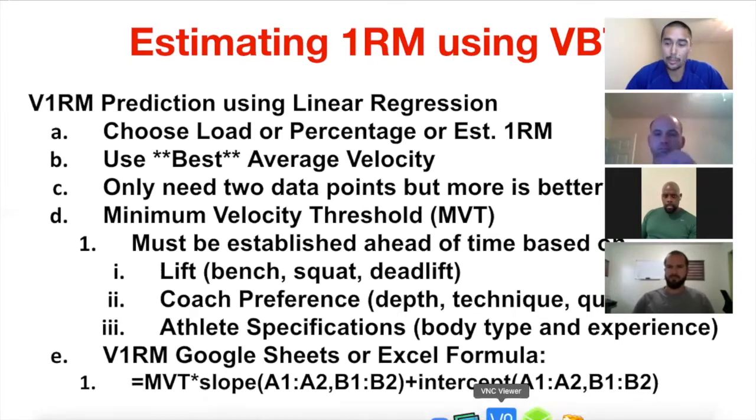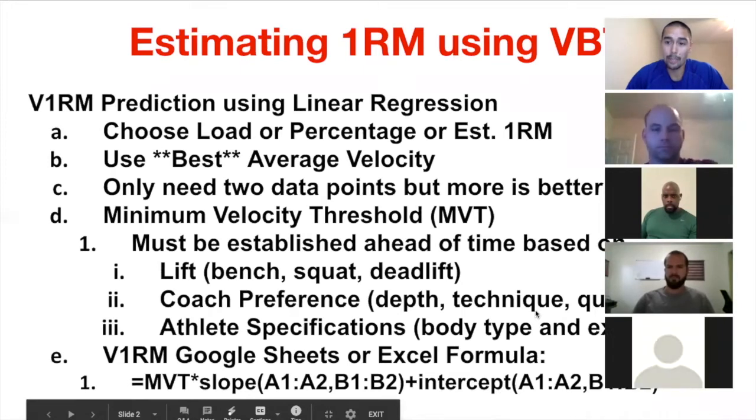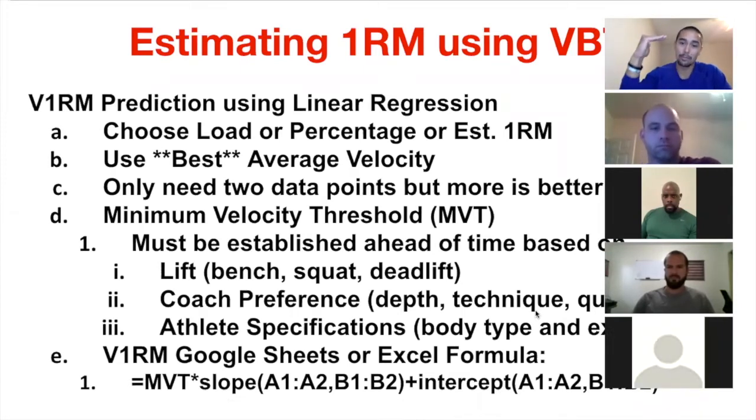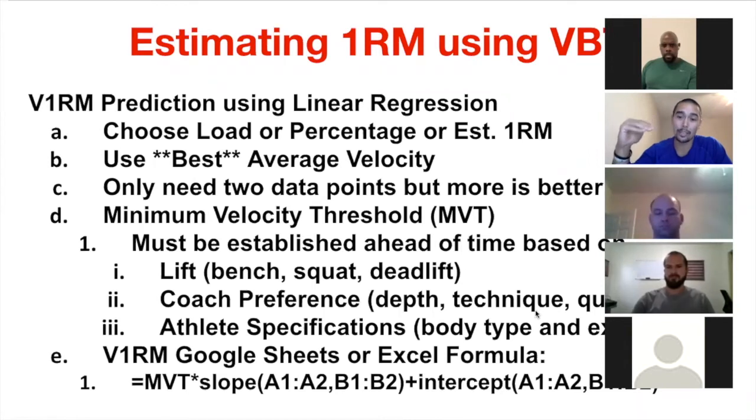Does it kind of make sense so far? So the MVT is like the floor. It's like, I can't move anything slower than this at that weight. And that has to be set. You have to have the MVT in place in order for the linear regression to work, because it goes from this data point to this data point all the way to the floor.